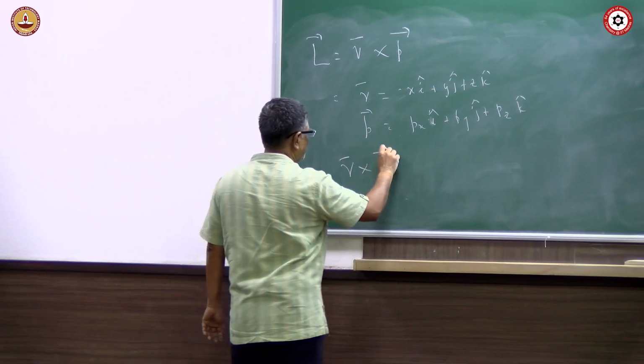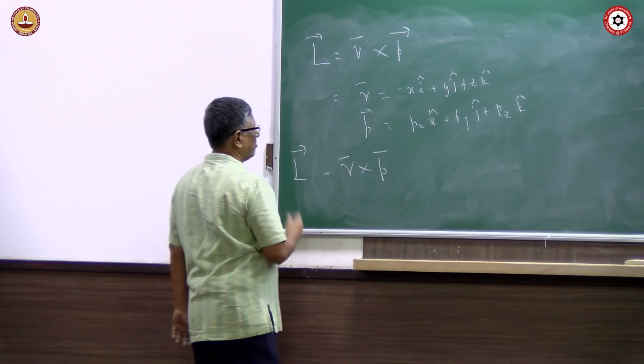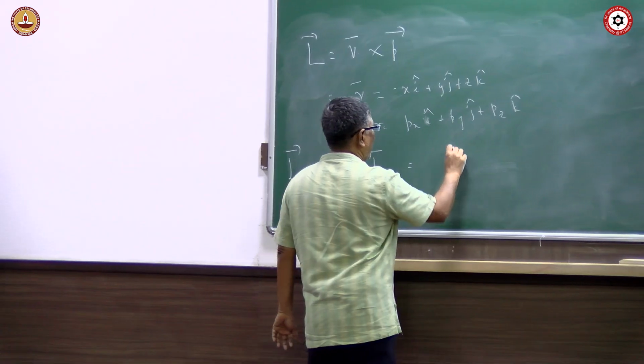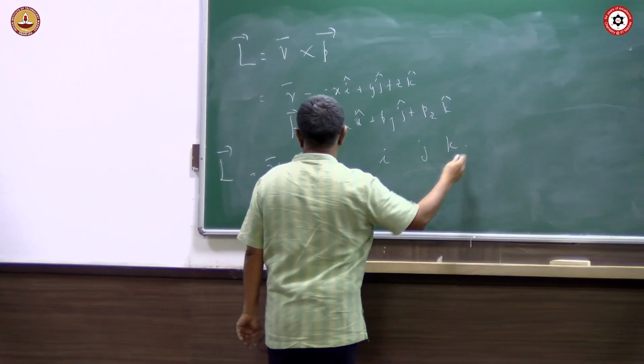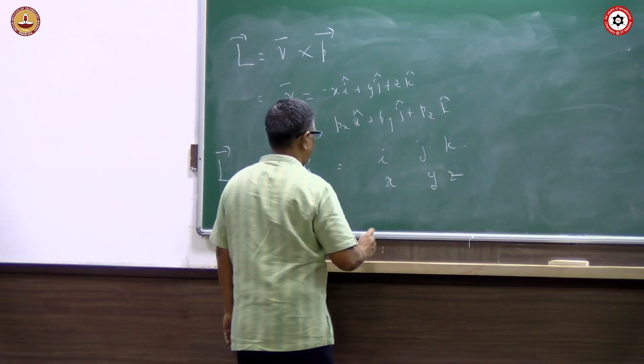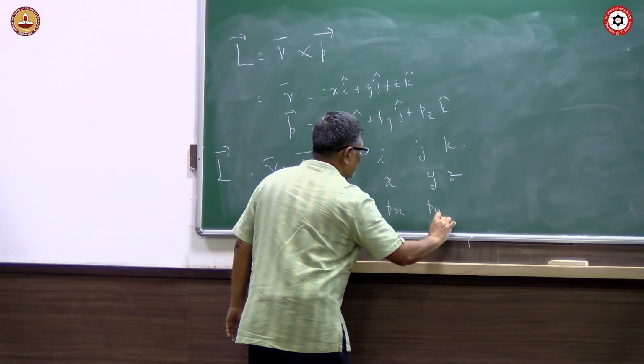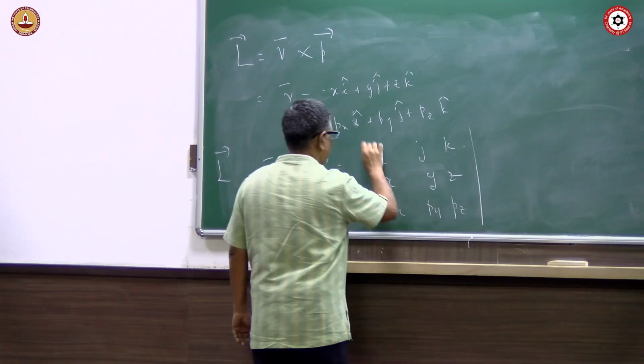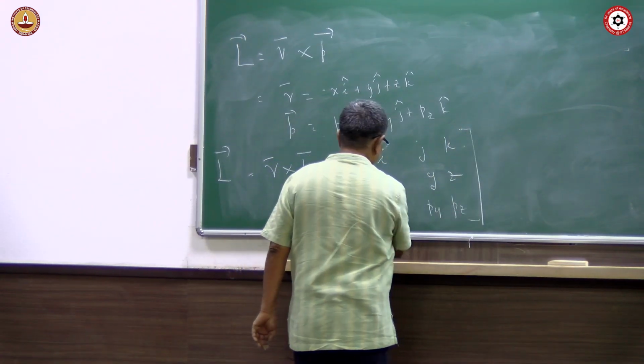Therefore, r cross p, L equals the determinant of i, j, k, x, y, z, p_x, p_y, p_z.